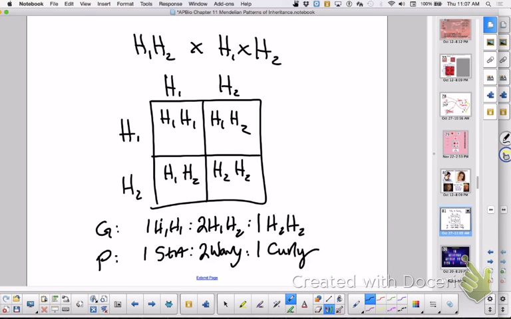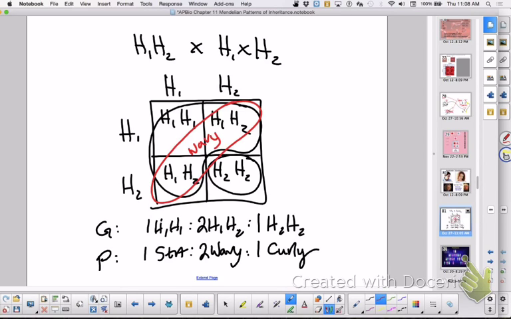Whereas before, if you had straight-up dominance, and straight hair was dominant over curly hair, you would expect all 3 of these to be what? Straight. And these to be what? Curly. But the heterozygote has its own phenotype, and that is wavy. So that's why you get a 1 to 2 to 1 ratio.